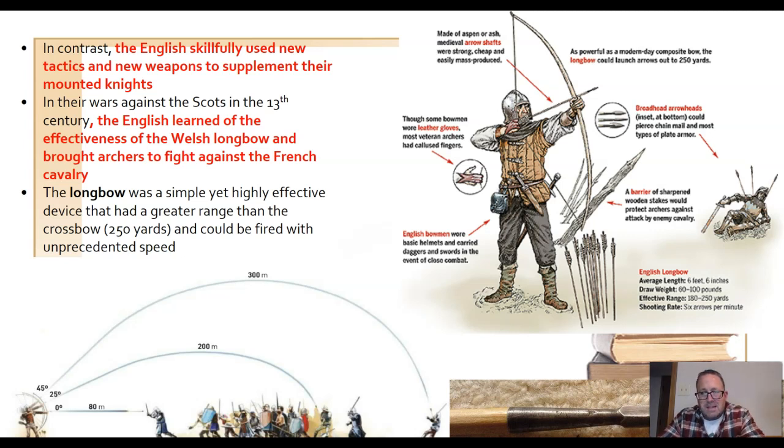So what that means is it can penetrate armor. Even the toughest armor at the time, called plate mail, if they were close enough, they could penetrate the armor of a knight's breastplate. So that means the knight's going to be killed. And at this time, I forgot to mention this a moment ago, but the knight was the dominant soldier technology, if you will.